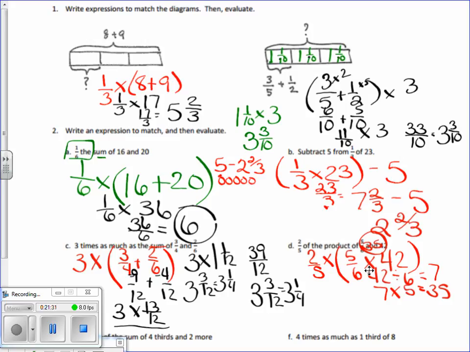Who cares if the number's big? So that's 35. Then you're taking 2/5 of 35. So 35 divided by 5 is 7. 7 times 2 is 14. Answer is 14.